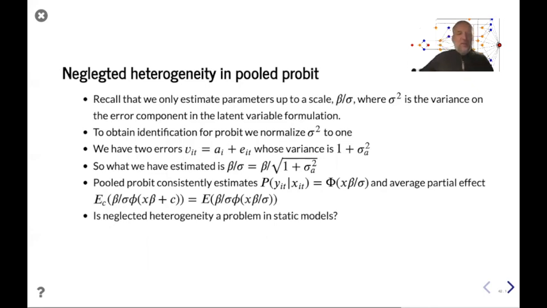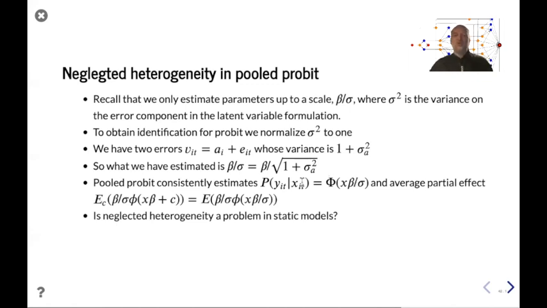And then the issue is we can't really do much about that, because that scale is generically unidentified. And unfortunately, it doesn't matter for what we are really interested in estimating, say, the response probabilities, which is exactly what we get.